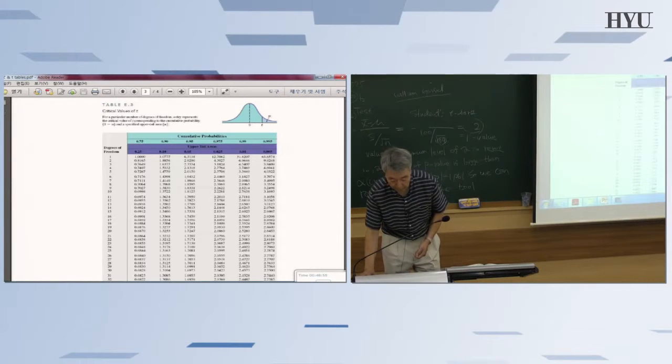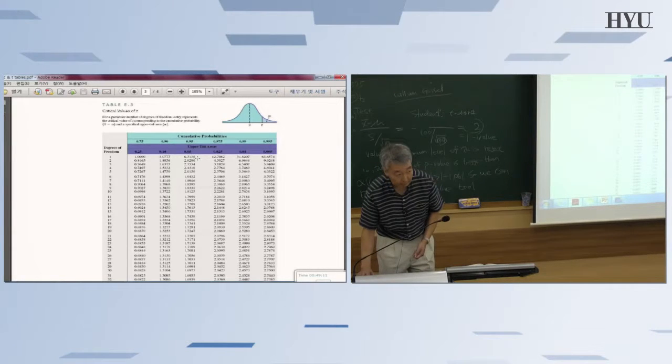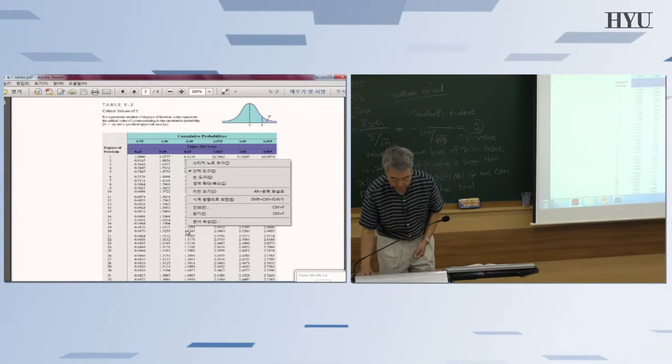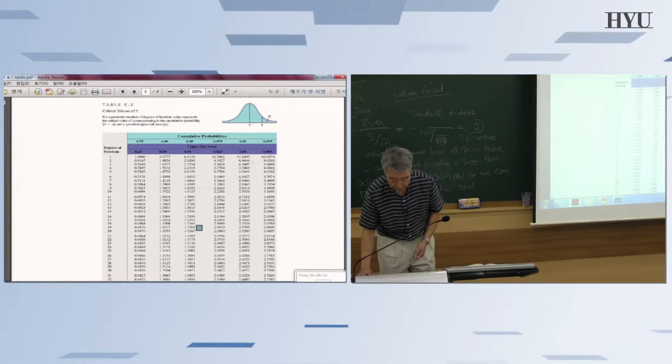It's a little hard to see, but these are the upper tail areas. For example, if you're looking for the T-score with 0.05 in the upper tail, the first number here is 6.3138. All these numbers are T-scores that have 0.05 outside that number.